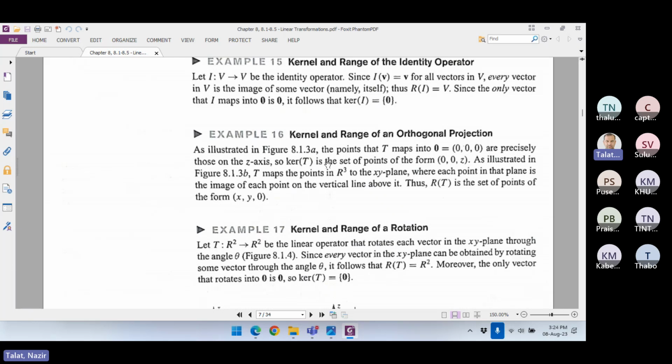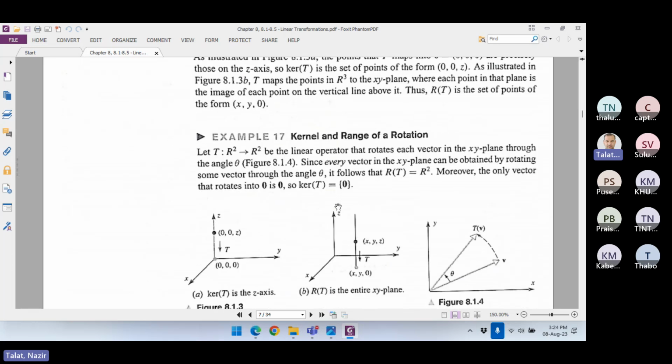Note that if we combine these two collections, it becomes the entire space R3. So there will be a relation between the kernel and the range with the dimension of the entire space R3. Now we will come to that.